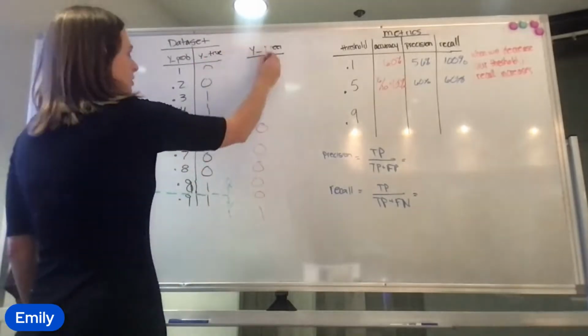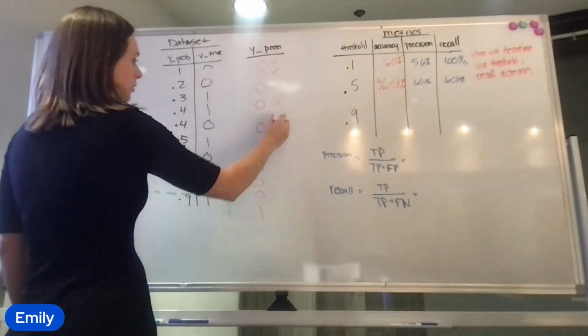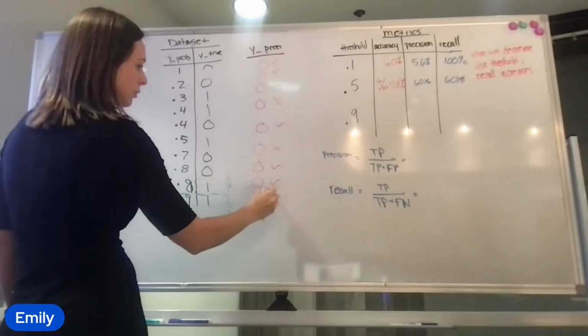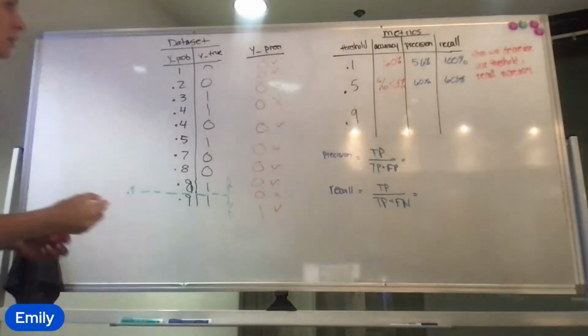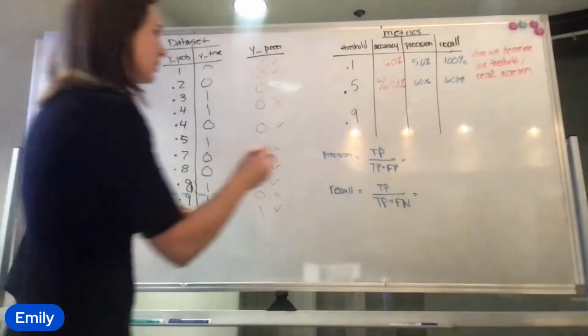So in this case, we were correct, correct, incorrect, incorrect, correct, incorrect, correct, correct, incorrect, and correct. What is our accuracy? It's still 60%.